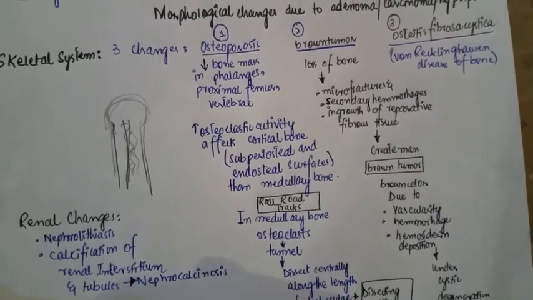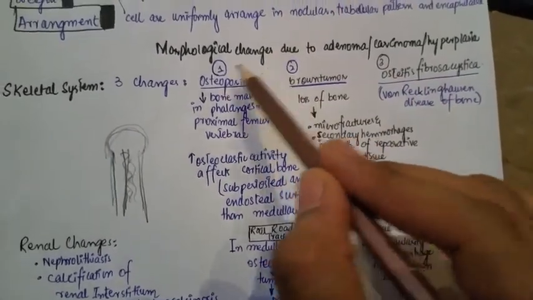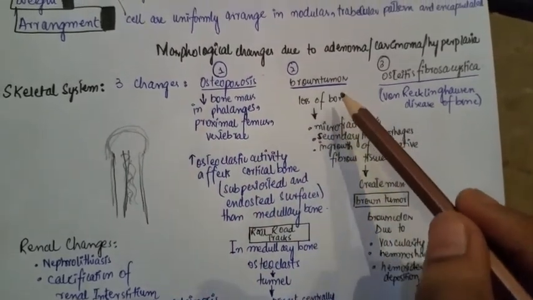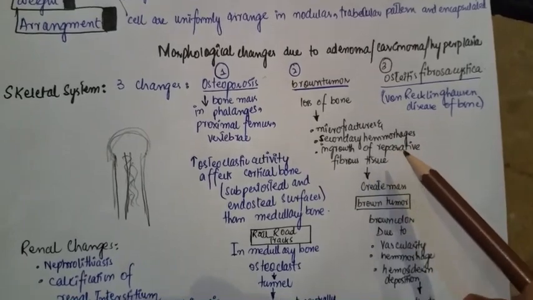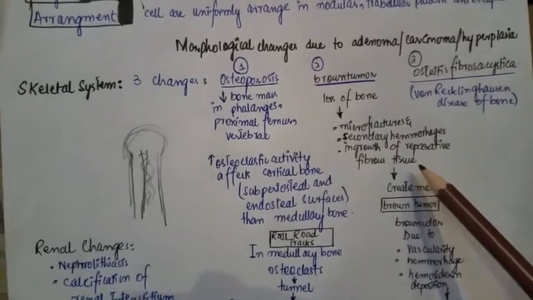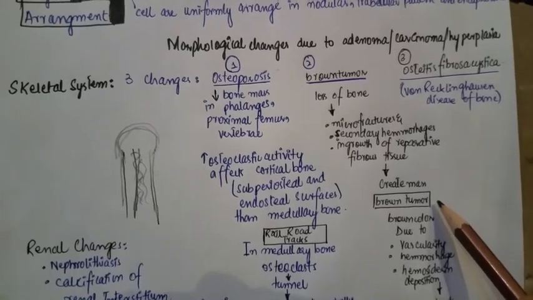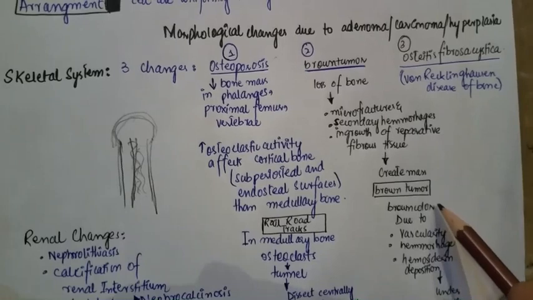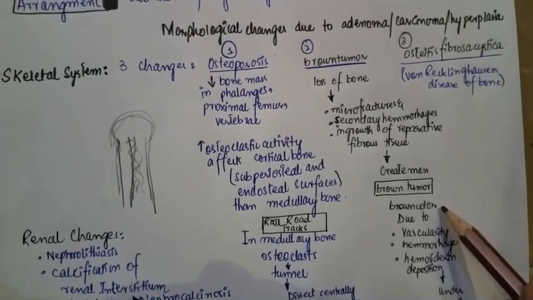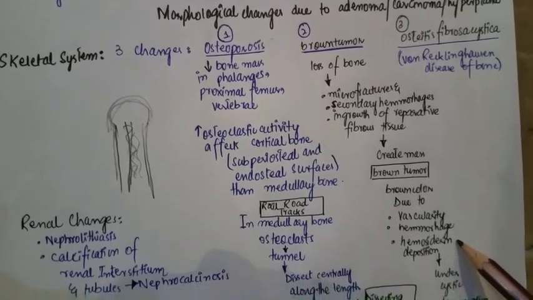Now comes the brown tumor. Because of this osteodystrophy, loss of bone results in microfractures and secondary hemorrhages, with growth of reparative fibrous tissue, which creates a mass known as a brown tumor. Why is it called a brown tumor? Because it has a brown color due to vascularity, hemorrhages and hemosiderin deposition.